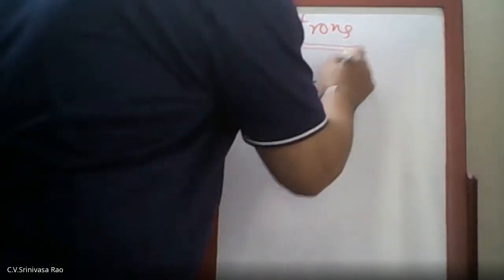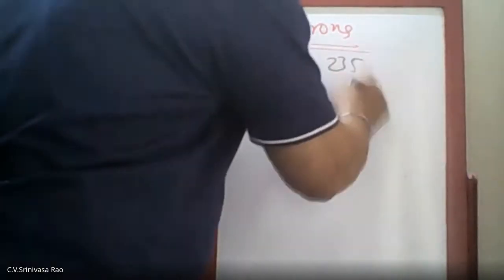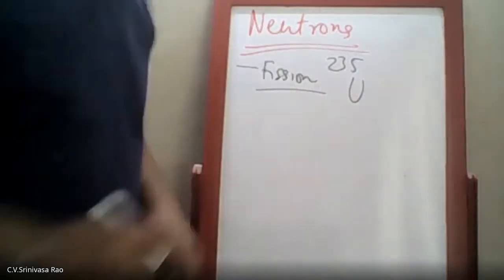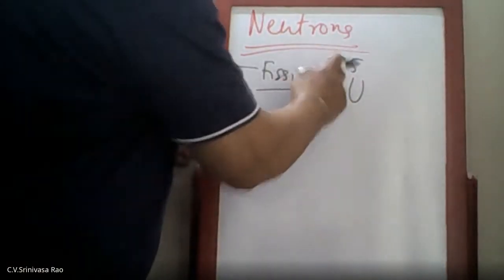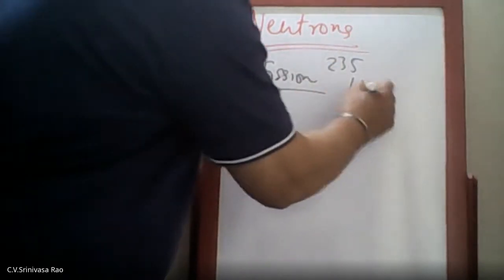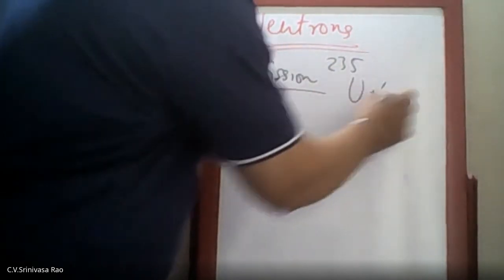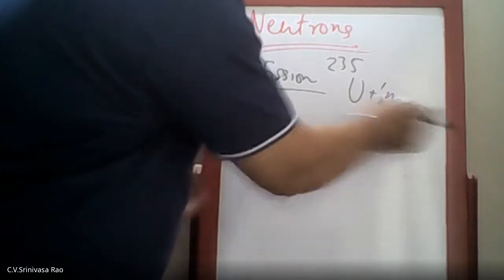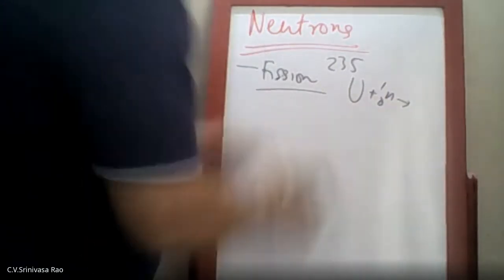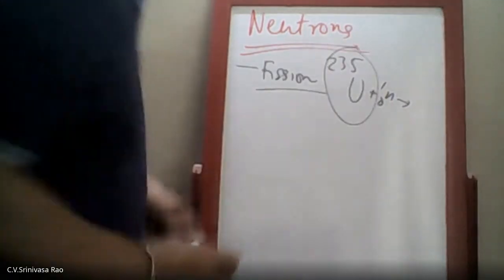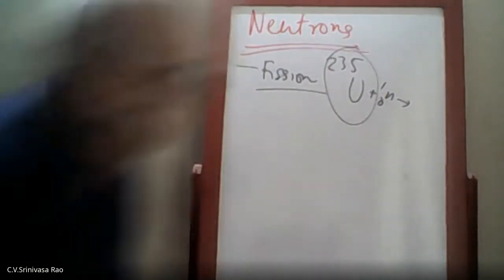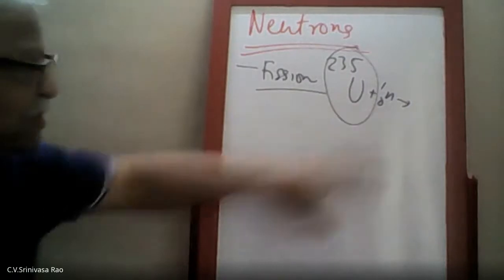So uranium 235 is one of the fissile nuclei. So it's a fuel. This plus neutrons produces fission. The whole nucleus gets broken up, and so this is the fission process.